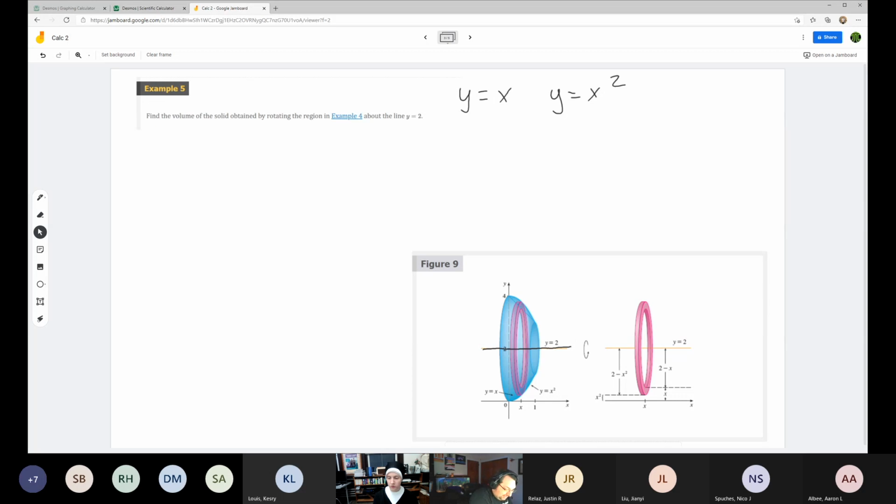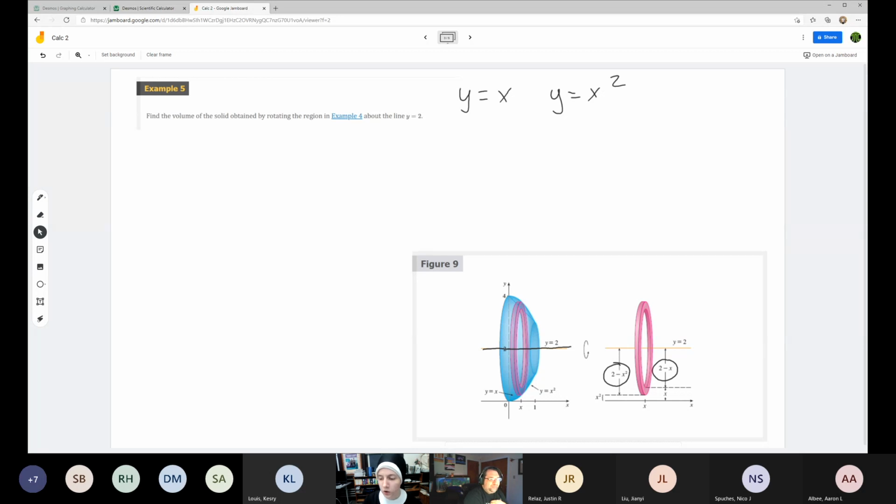So in this case, the outer edge is my x squared, so it's going to be 2 minus x squared. And then my inner one is going to be 2 minus x, because I want to figure out how far it is from that line to the x value. Does that make sense?